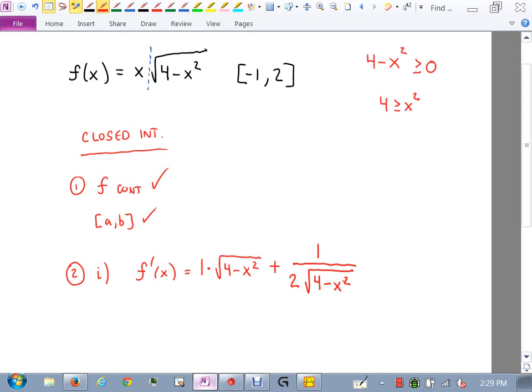Because we're going to set this sucker equal to 0 in a little while. Now that's just the derivative of the square root of something. I still need what here? The derivative of the inside. What's the derivative of the inside? Negative 2x. And I still need to finish off the product rule, so times x.